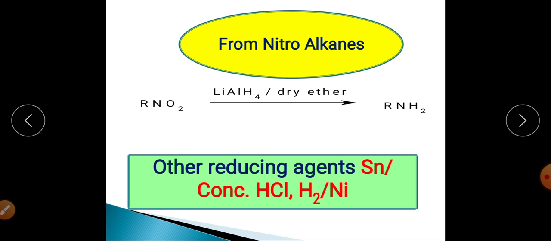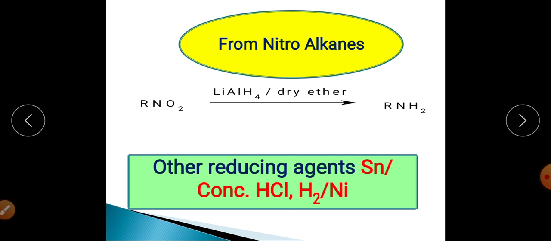Different types of reducing agents can be used for this reaction. In this picture you can see that we are using lithium aluminium hydride, and besides lithium aluminium hydride we can also use Sn in presence of concentrated HCl.